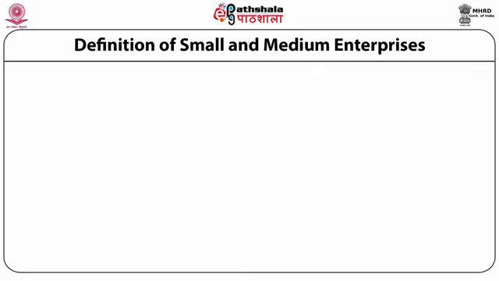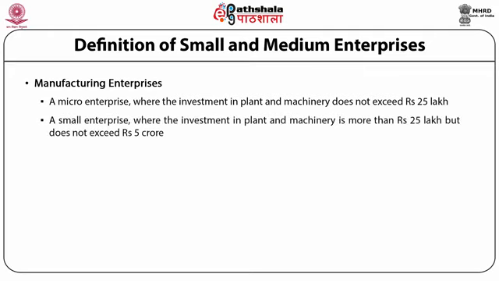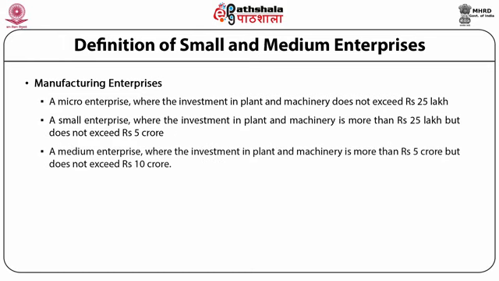Now the new definition was given for manufacturing enterprises: a micro enterprise where the investment in plant and machinery does not exceed rupees 25 lakh, a small enterprise where the investment in plant and machinery is more than rupees 25 lakh but does not exceed rupees 5 crore, and a medium enterprise with the investment in plant and machinery more than rupees 5 crore but not exceeding rupees 10 crore.